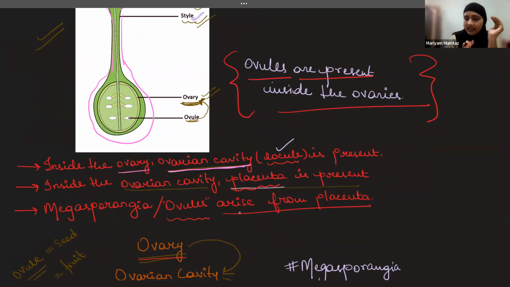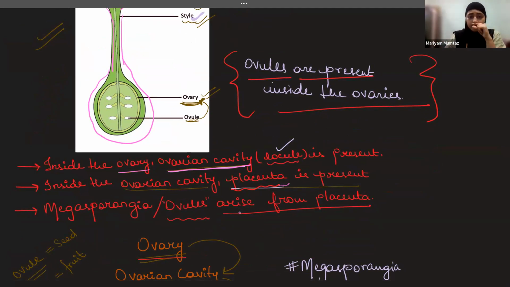This ovarian cavity can also be called the locule. If you say that inside the ovary, locule is present, then also it's fine. If you say that inside the ovary, ovarian cavity is present, then also it's fine. It's the same thing. Now inside the ovarian cavity, the placenta is present. The placenta of the plants is present inside the ovary and inside the ovarian cavity.